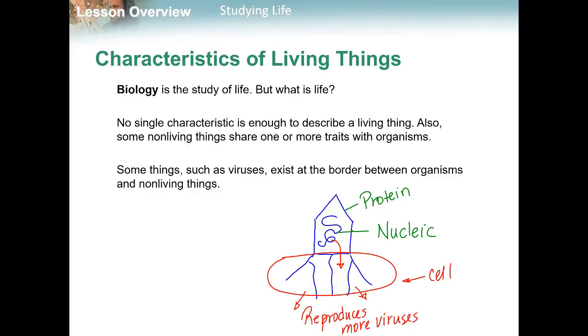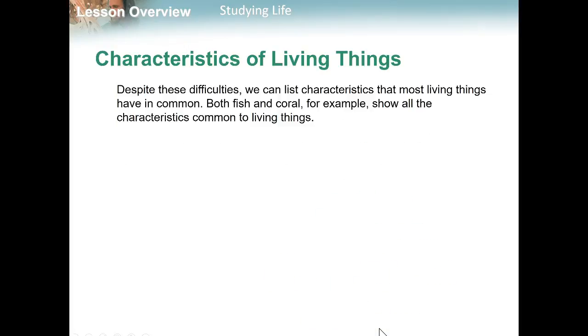So one virus on one cell can produce roughly about 120 new viruses. And then as those new viruses float around and attach to healthy cells, each of those 120 healthy cells will reproduce 120 more viruses. So that's how a virus moves.